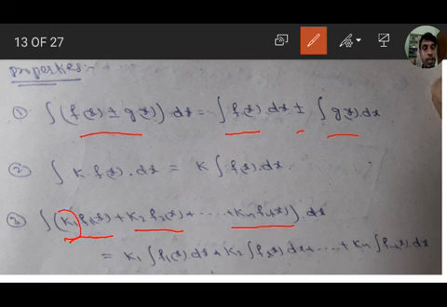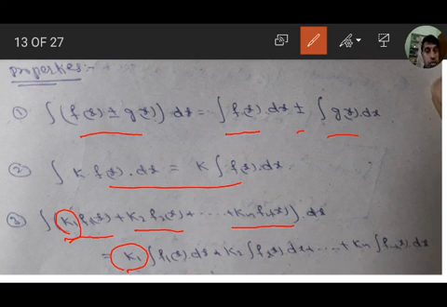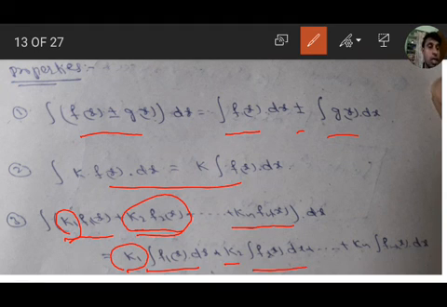In the first function, k1 is the coefficient, so k1 is outside according to the second property, integration of f1 x dx. In the second, k2 is the coefficient outside, integration of f2 x dx, and so on. The last one, kn is the coefficient outside, integration of fn x dx. Coefficients are outside, integrations of the functions respectively.